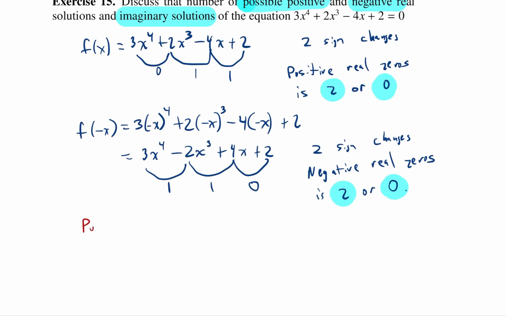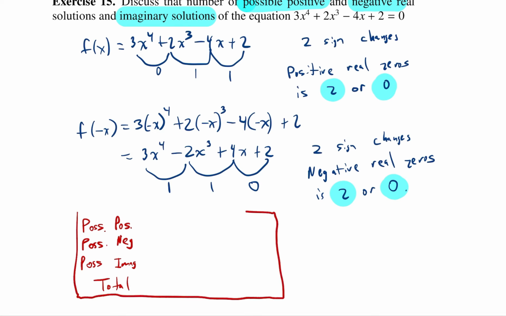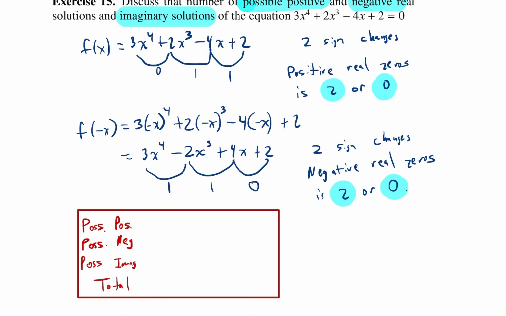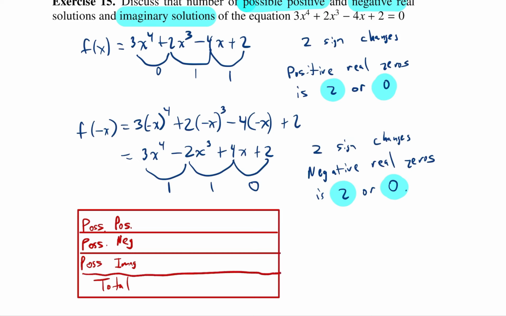So possible positive, possible negative, and possible imaginary, and then the total. So we can create a box here, or a table, to organize our information. I'm not sure how long it's going to be, so I'm just going to make it an arbitrary length.